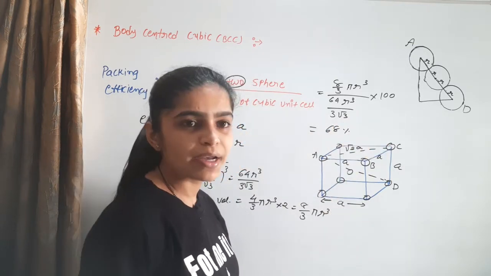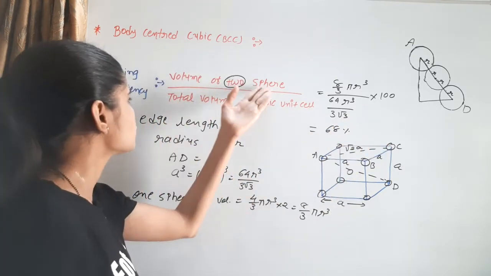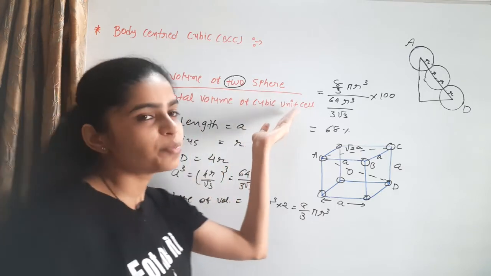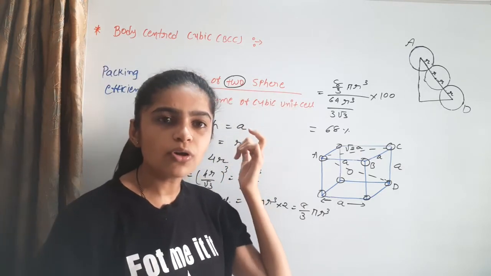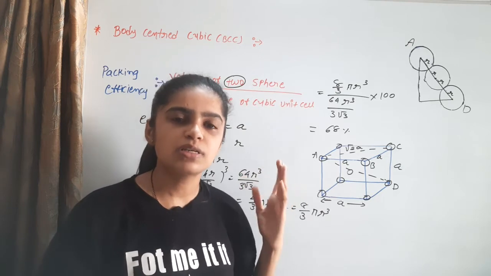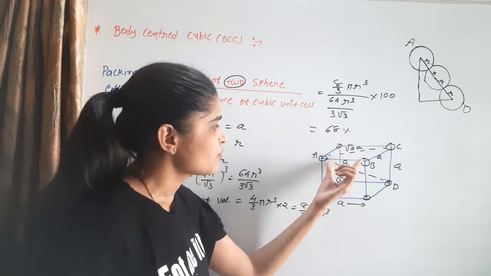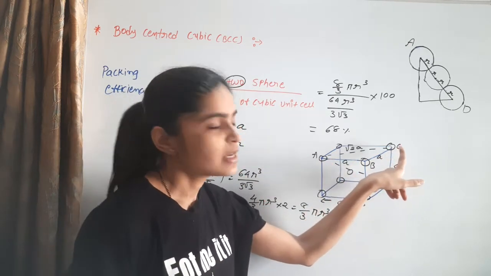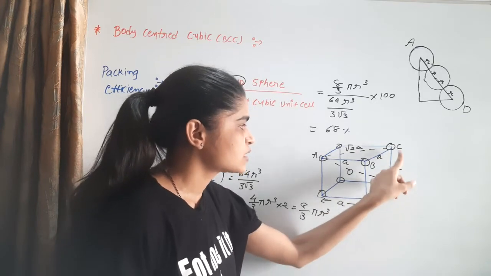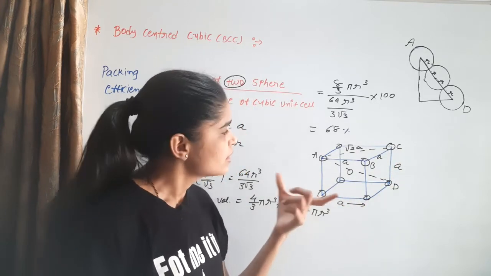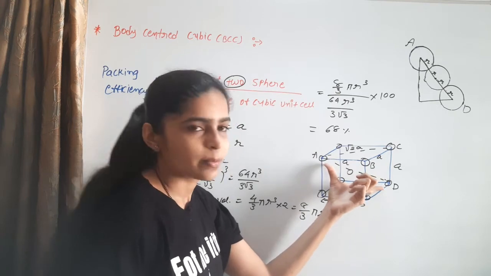So that way we find out the volume of two spheres and the total volume of the cubic unit cell. In the total volume of the cubic unit cell, first consider edge length A. Then find out this AC distance. AC square plus CD square is equal to AD square. Then find out this AD square.